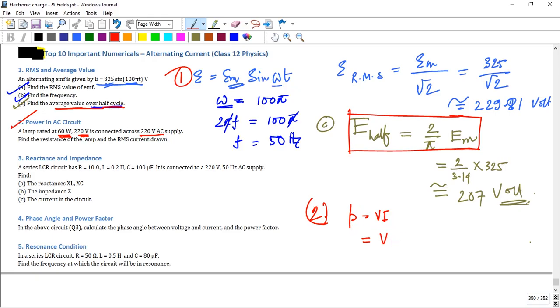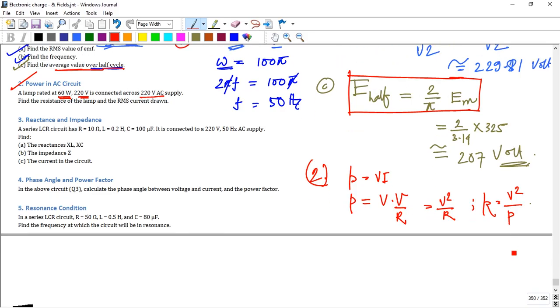So this current I, convert to R. V equal to IR. So I equal to V by R. So that means P equal to V square by R. So if I cross multiply here, R equal to V square by P. So final expression R equal to V square, that is 220 whole square, by power.